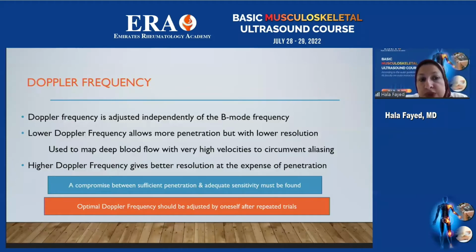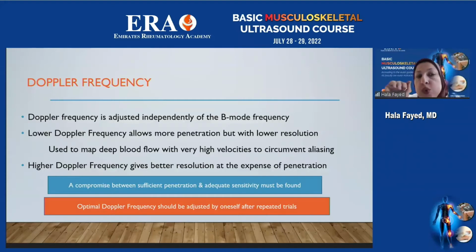And a high Doppler frequency gives better resolution, but at the expense of penetration. So we have to know what we need in each particular examination, because there is a compromise between sufficient penetration and adequate sensitivity. The optimal Doppler frequency should be adjusted by oneself after repeated trials.